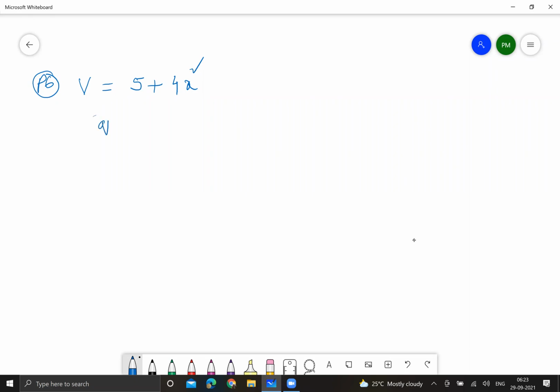Find the force on a negative charge of 2 microcoulombs placed at x is equal to 0.5 meters.